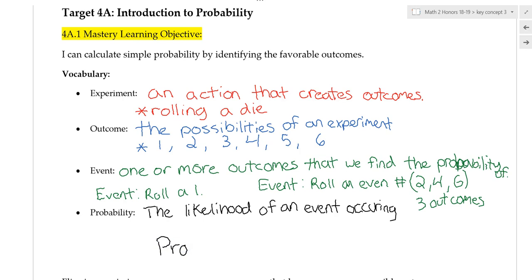And probability equals the number in the event, or favorable outcomes, over the number of total outcomes.